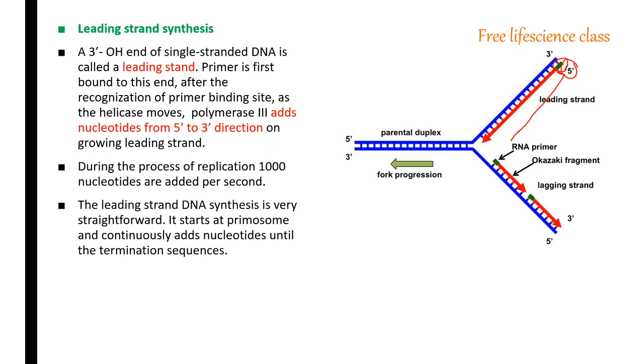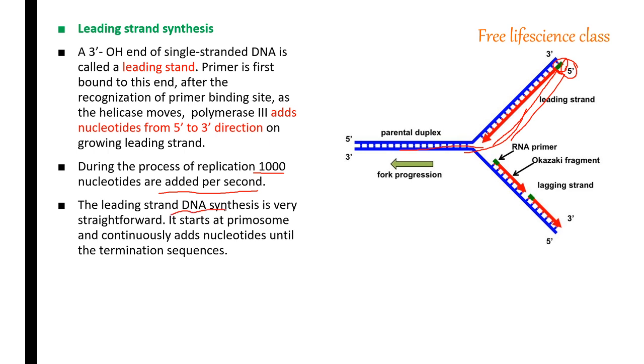After that, the DNA polymerase comes and recognizes the RNA primer. Then this DNA polymerase will synthesize the strand continuously. Okay. With the help of helicase unwinding the DNA, this DNA polymerase can move forward. During this process, 1000 nucleotides are added per second and the error rate is very low when compared to transcription.